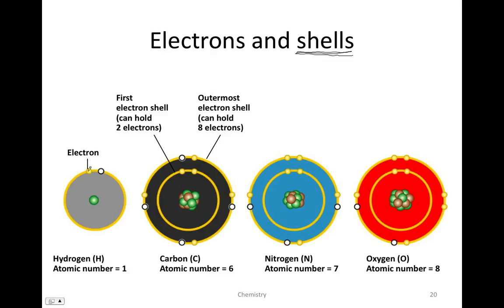In hydrogen, it has 1, and it has a space left in that shell. Carbon has the inner shell filled because it has more than 2 electrons, but then in the outer shell it has only 4 electrons because it has a total of 6. So 2 in the inner shell, 4 in its outer shell, and that leaves 4 spaces because the outer shell can hold 8 electrons.